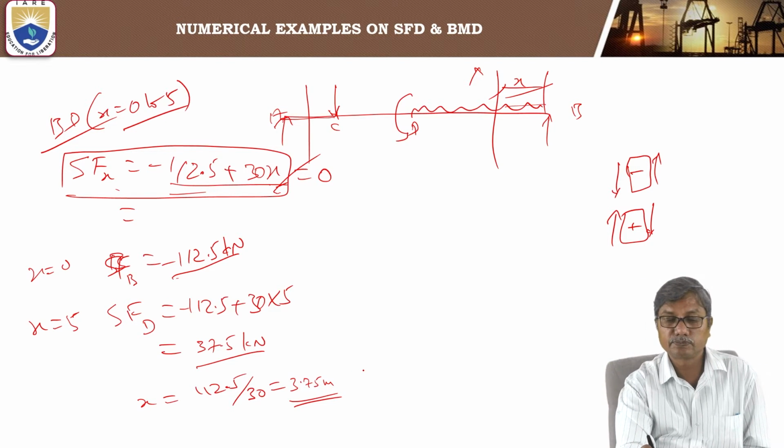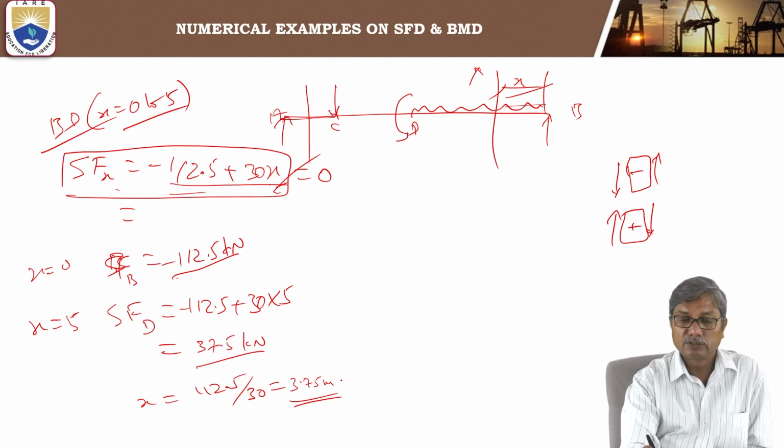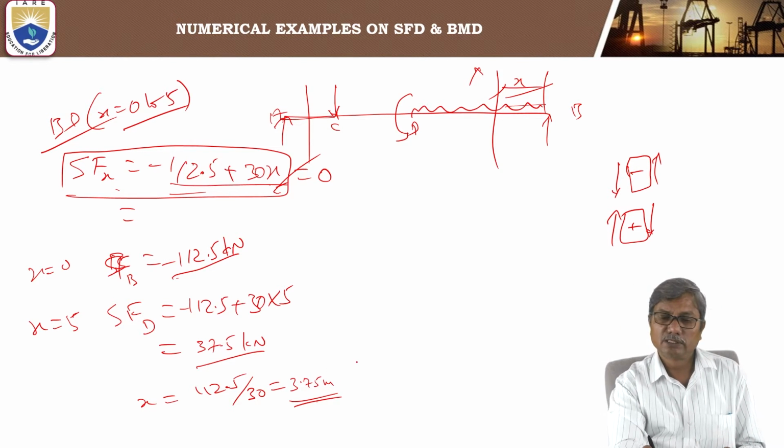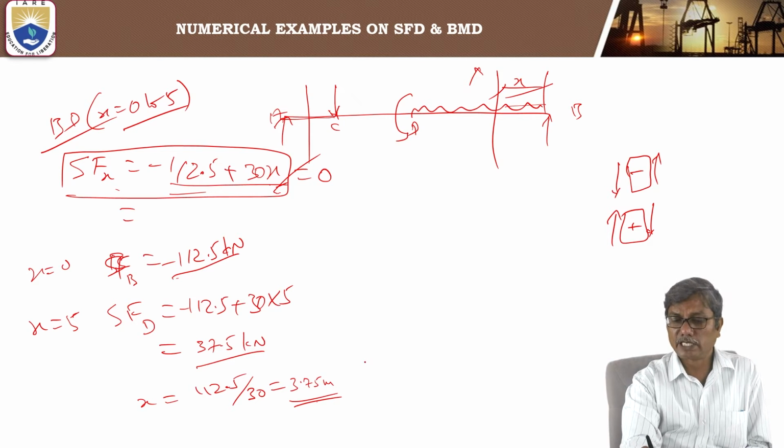At this distance from B, the bending moment will be maximum.